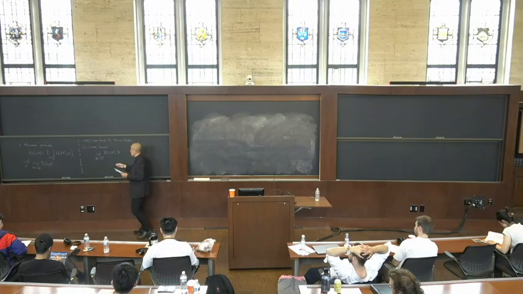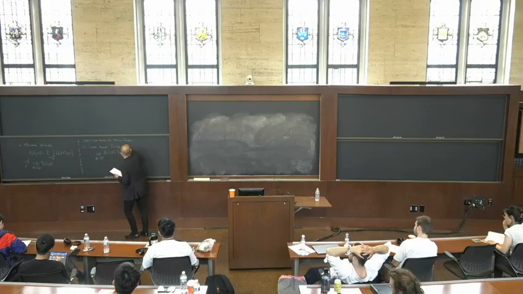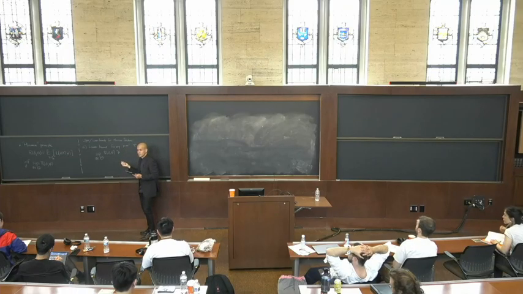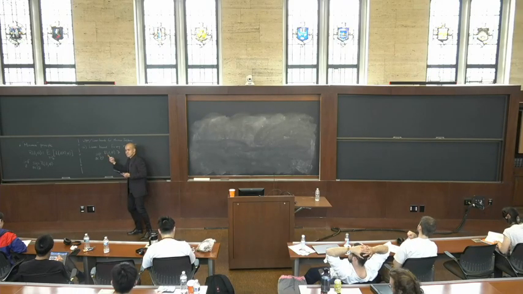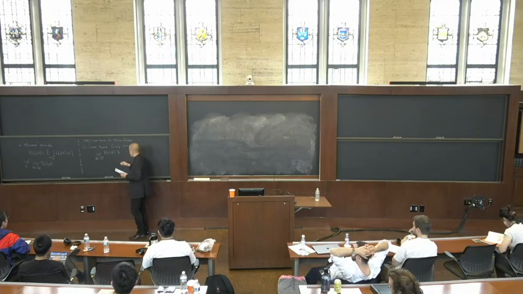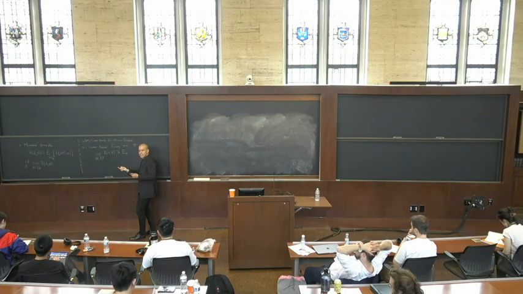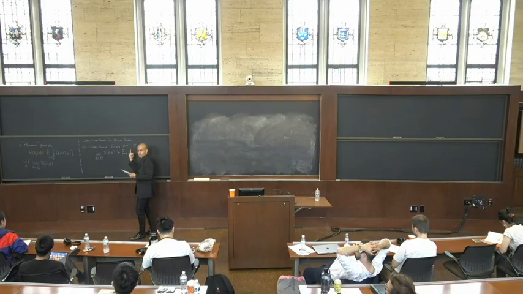So what I want to claim is that for any prior pi, the worst case risk over the parameter space is going to be at least as large as the average value of the risk under the prior pi, right?